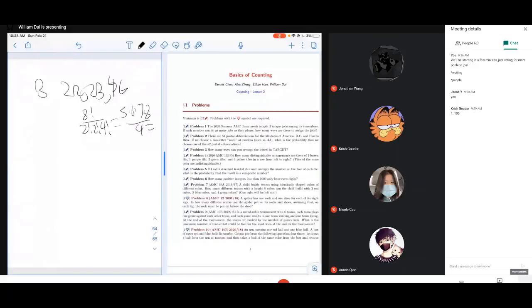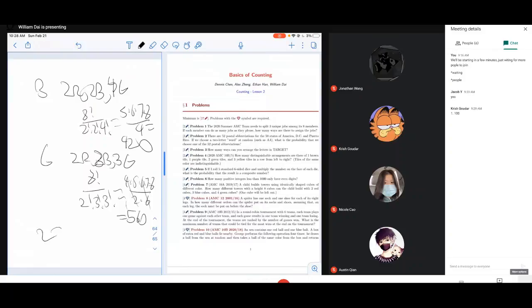And if we leave out a green, we have two reds, three blues, and three greens. That's 8 factorial divided by 2 factorial divided by 3 factorial divided by 3 factorial, which is 560. Then we add 280 plus 420 plus 560 to get 1260.